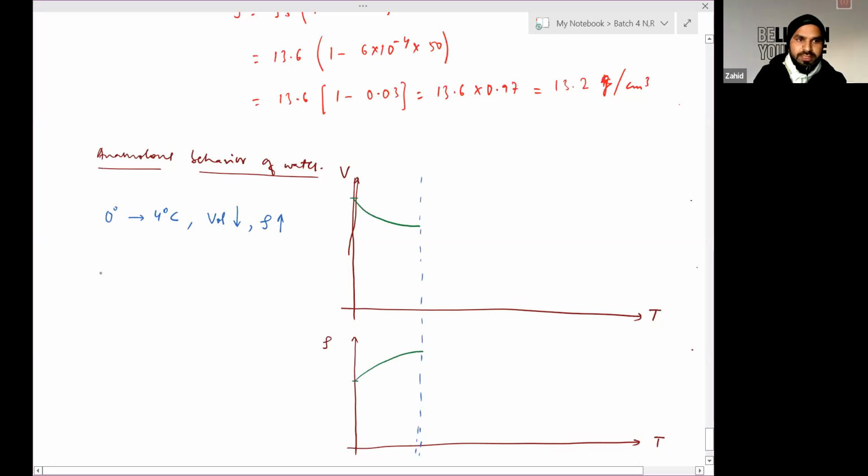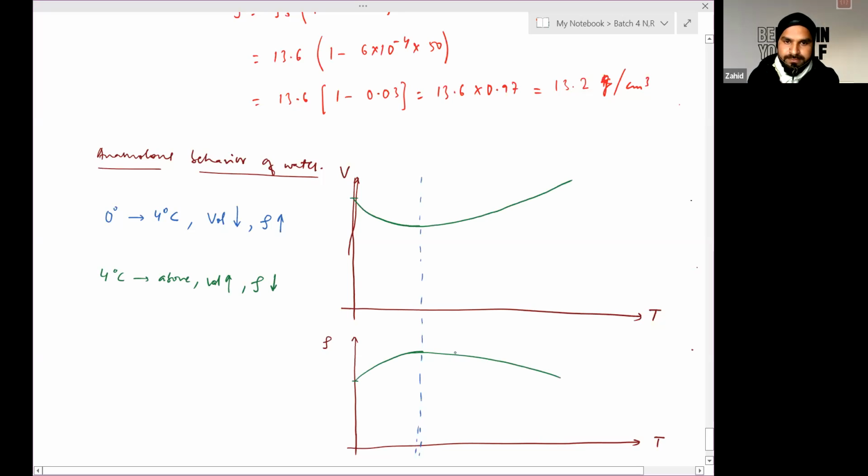But on going further above 4 degrees Celsius, volume increases and density starts decreasing. So it will start to go upward and to go downward. Is it clear?